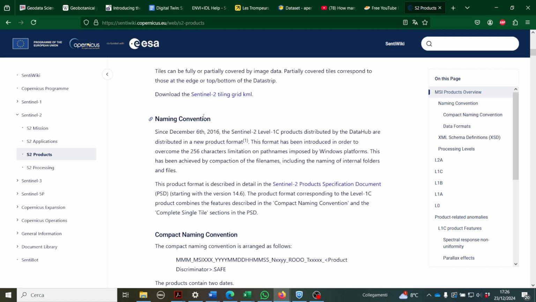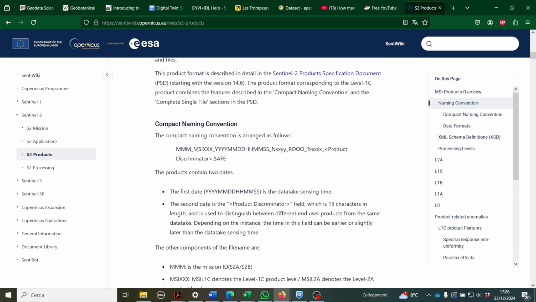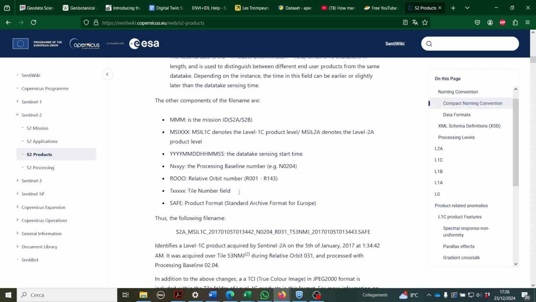You know how to download the data from the special video that I shared with you concerning how to download Sentinel-2 data. Just to understand the naming convention: the different pieces of the name represent the mission and, in particular, the date and the hour of the acquisition.